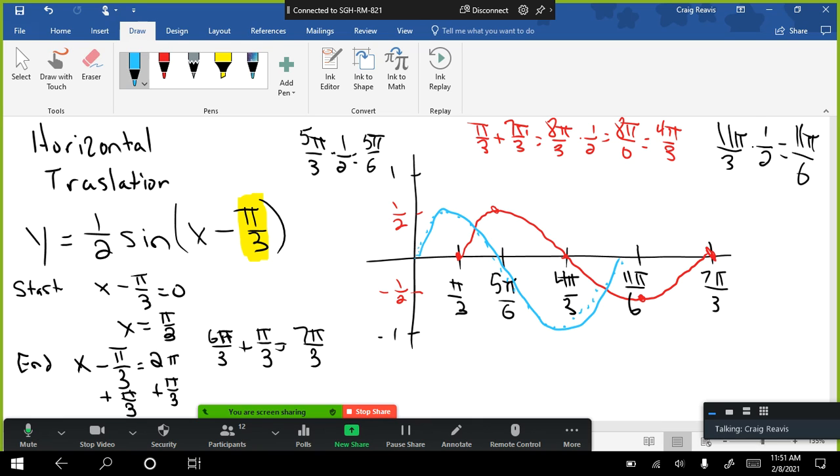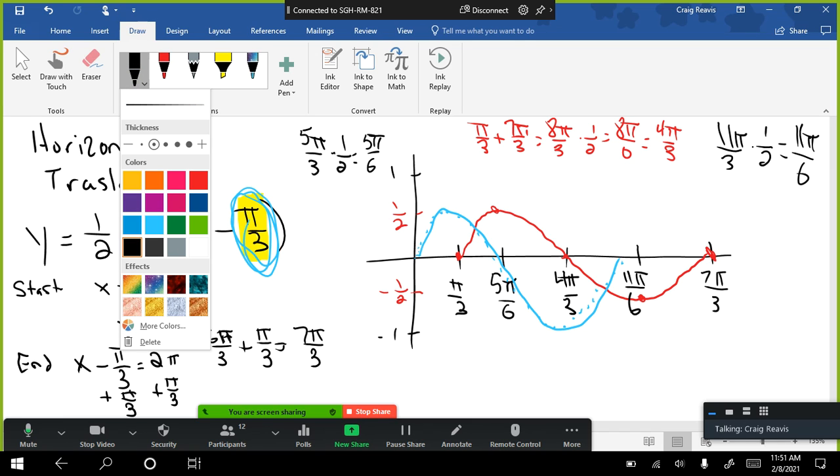Okay, it got shifted over by pi over 3, which was what, 30 degrees? It got shifted over 30 degrees. Okay? Any questions there?